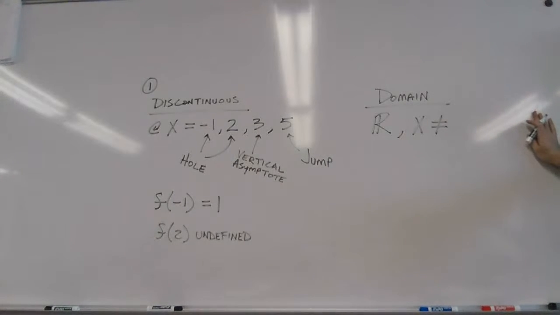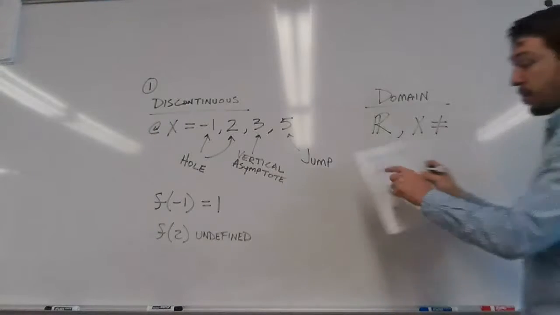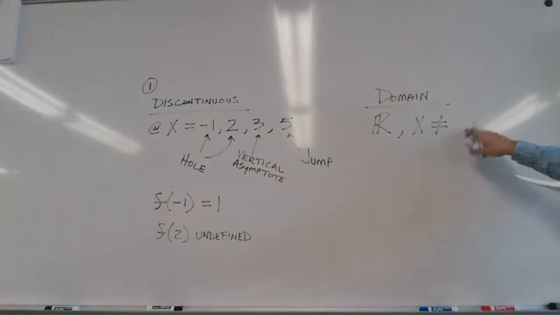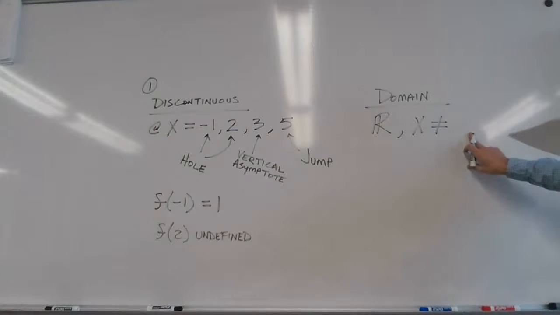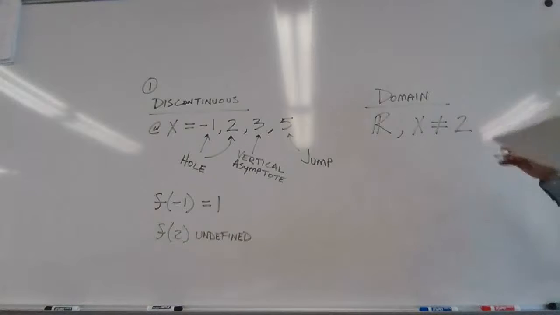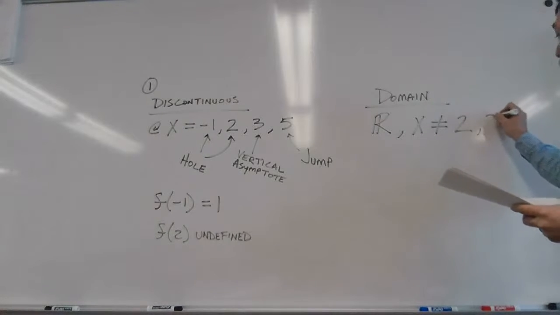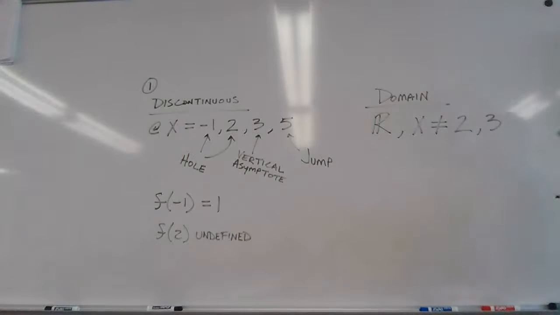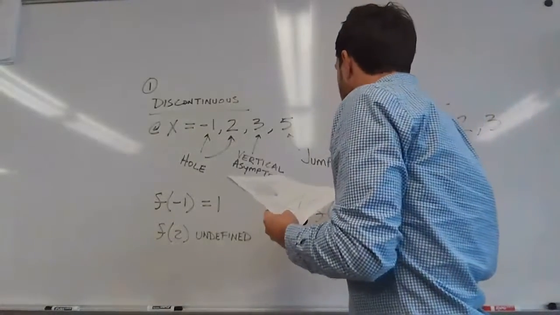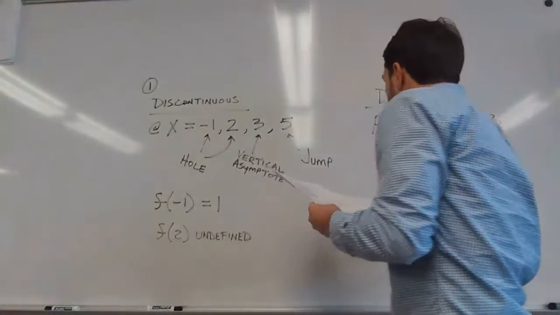Yes, it can, because we can see that dot there, f of -1 is 1. So -1 does not make this list of excluded x values. How about 2? X cannot be 2 according to this graph. How about 3? No. How about 5? 5's fine because according to this, f of 5 is 2.